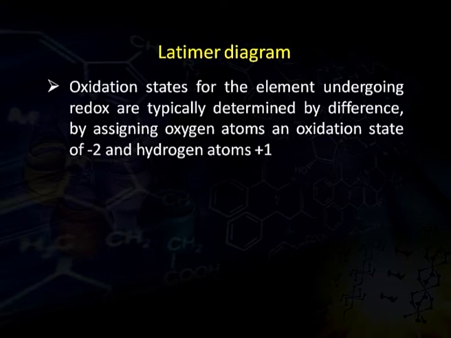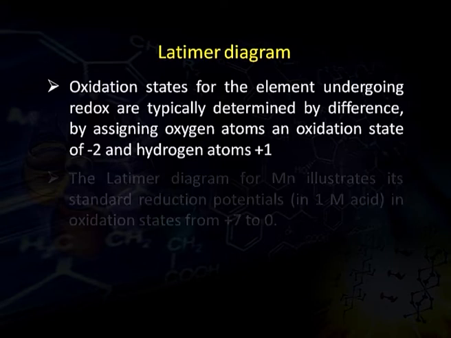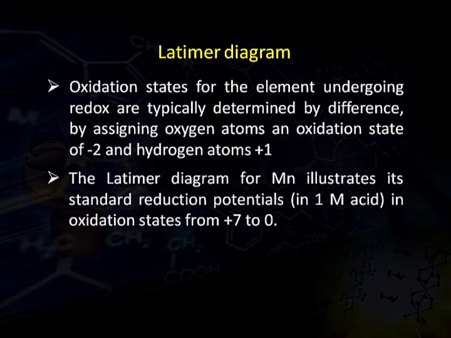The oxidation states for the element undergoing redox are typically determined by difference by assigning oxygen atoms an oxidation state of -2 and hydrogen atoms an oxidation state of +1, and on the basis of this the value is estimated. The Latimer diagram for manganese illustrates its standard reduction potential in 1 molar acid in oxidation states from +7 down to 0, the elemental state.